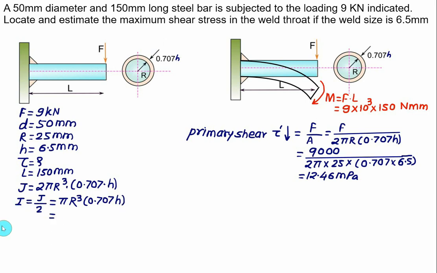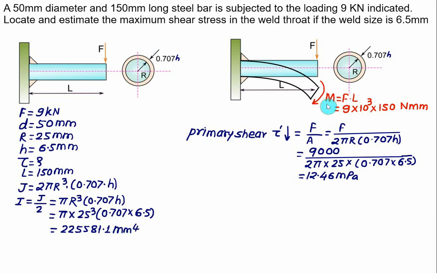Because of bending we require here the moment of inertia, that is the second moment of area, which is pi. Radius of the bar is equal to 25, so we have 25 cube into 0.707, and leg size h is equal to 6.5. So we have the moment of inertia as 225581.1 mm to the power 4.